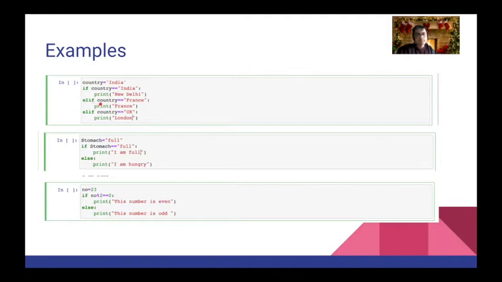I'm not using else here because I want two options. So I'm putting elif country equals France. If I put else here, it could have said France and not London. Okay. Now you can understand the else statements, right?